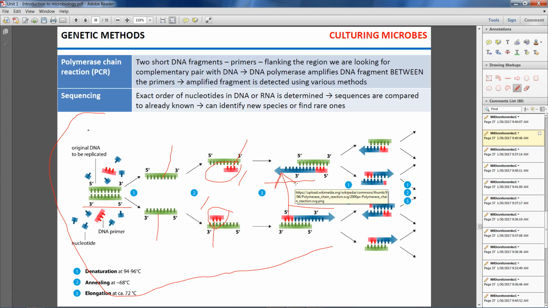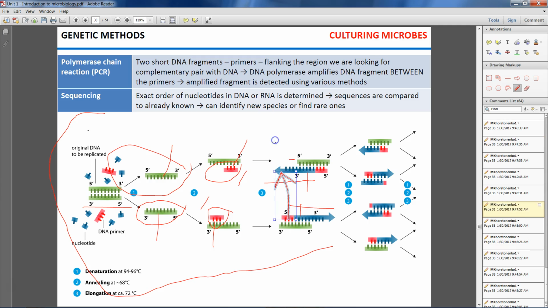And then, when these two fragments, the blue ones, are they complementary to each other? Think about that. If you name this strand A, and this one strand B, then if this is A, what will be the sequence of the blue one?